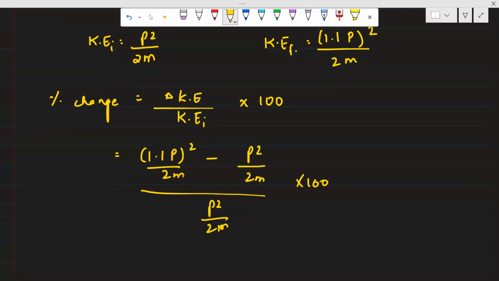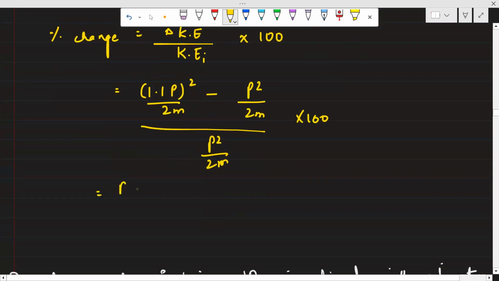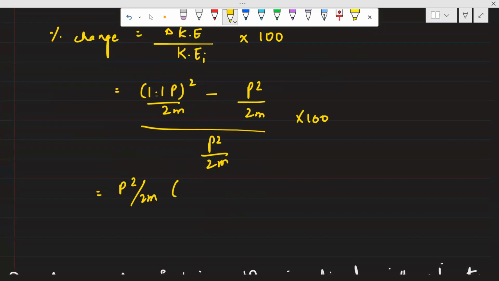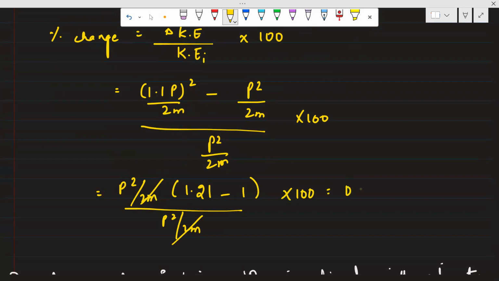See, P square by 2m will be cancelled, class. If I take P square by 2m common here, it will be 1.21 minus 1. This gets cancelled. 1.21 minus 1 is 0.21 into 100, which is equal to 21%.